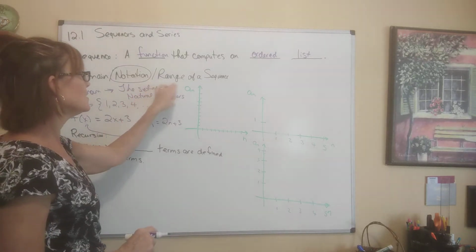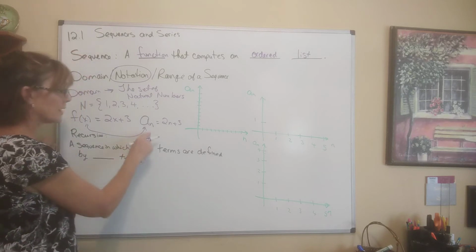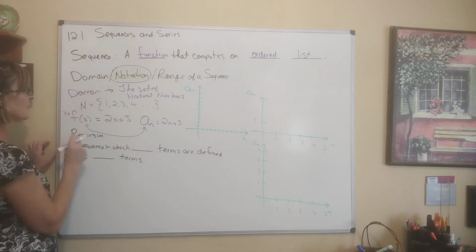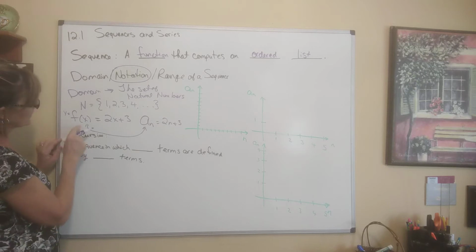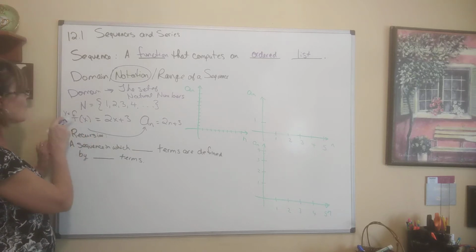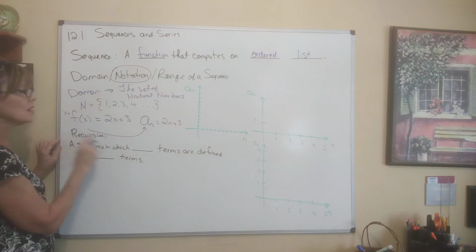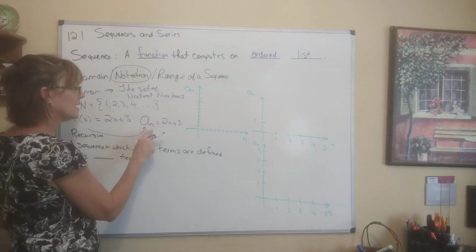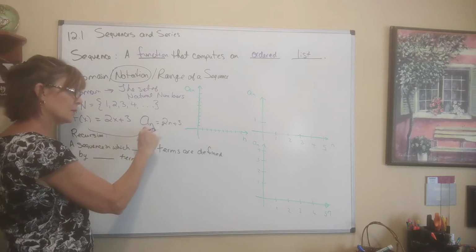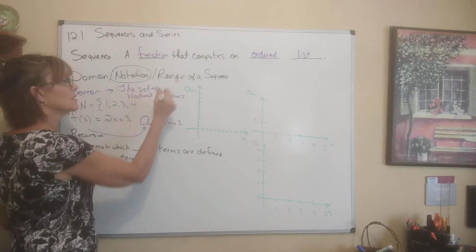Now, the range of a sequence is what a sub n is. So the f of x is, again, this would be y. In function notation, x is the input or the domain, y is the output or the range. In sequence notation, n, little n, 1, 2, 3, 4, is the input, and a sub n is the range.